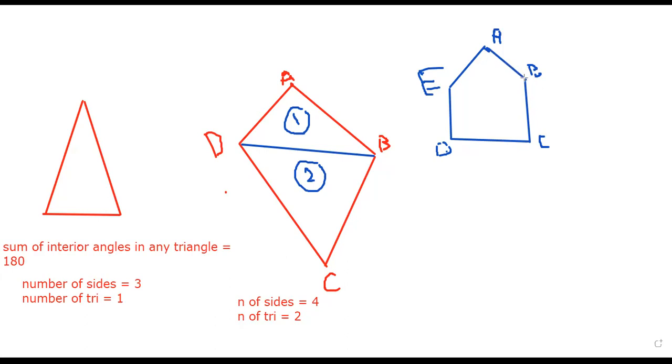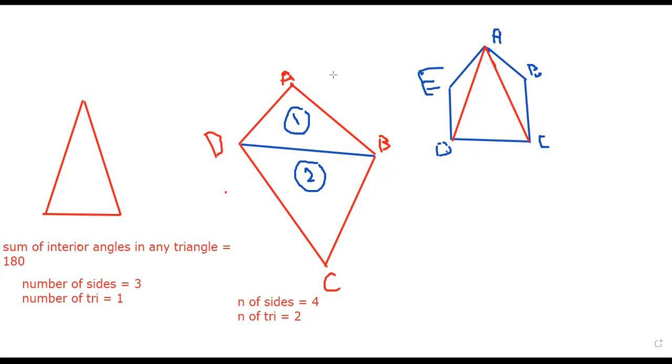With B, it's already connected, right? With E, it's already connected. So I have to connect A and what? A and D, yes. And what else? A and C. Very good. Yes, A and C, like this.